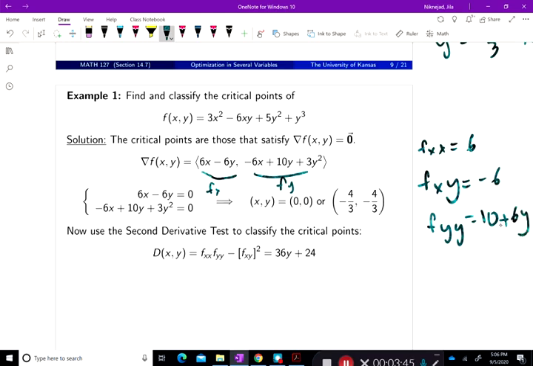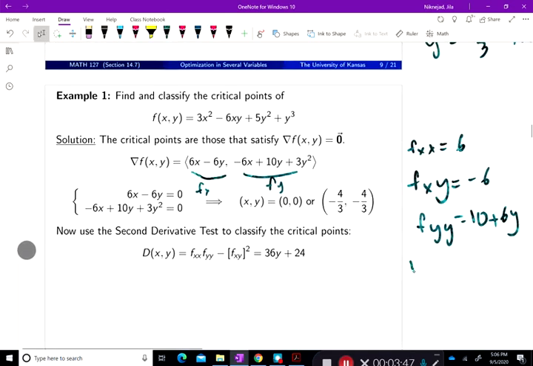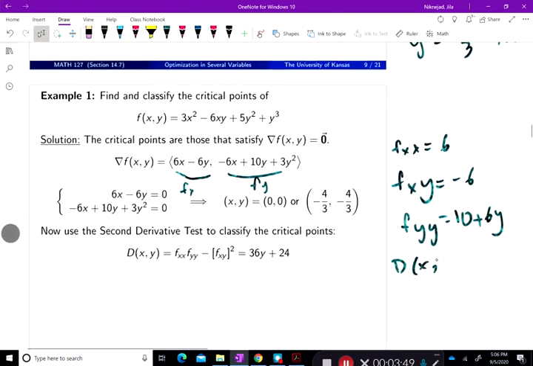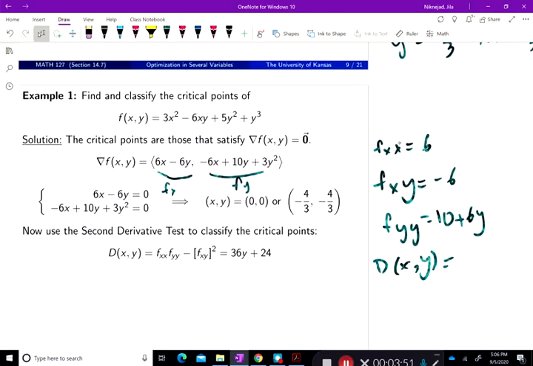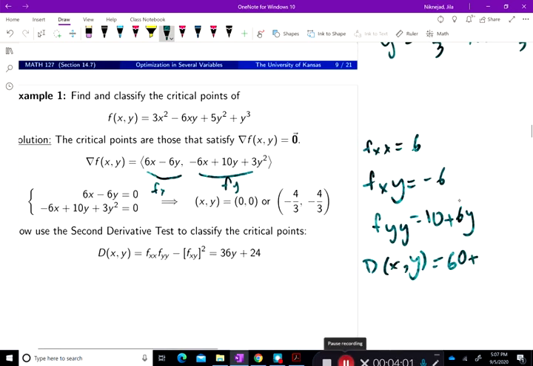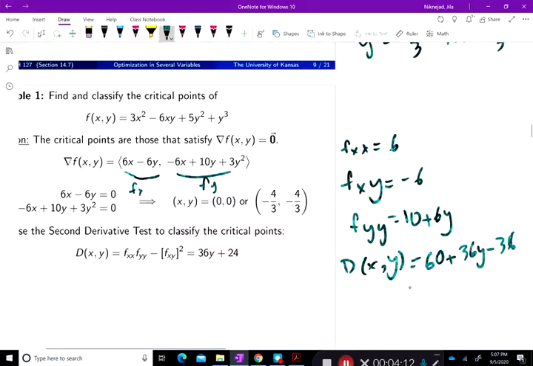Now, when you're finding a discriminant, this is going to be 6 times that, which is 60 plus 36y, minus 6 to the power 2, which is 36.